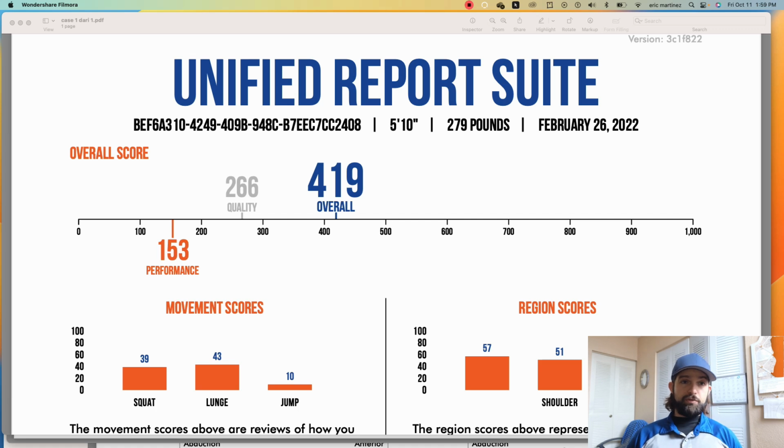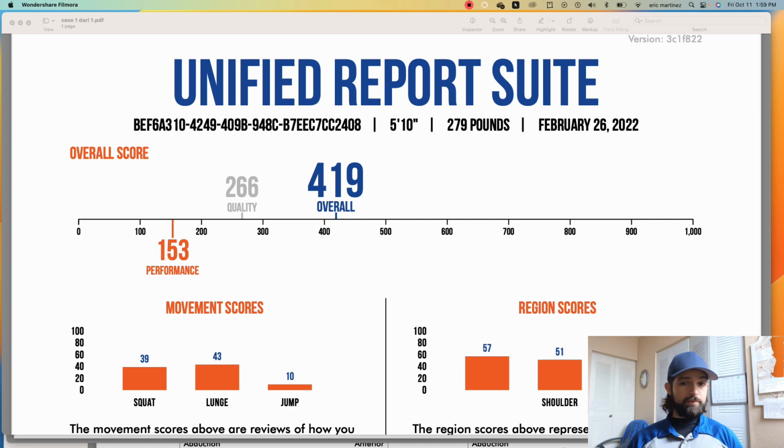I had the privilege to use the Dari for a long time, owning the unit. There are other machines out there like Kinotech, KinoSense, Dart Systems, the Mac Daddy of all machines, right? But the main difference between all these is that they use IR, which looks at the depth and distance of someone.